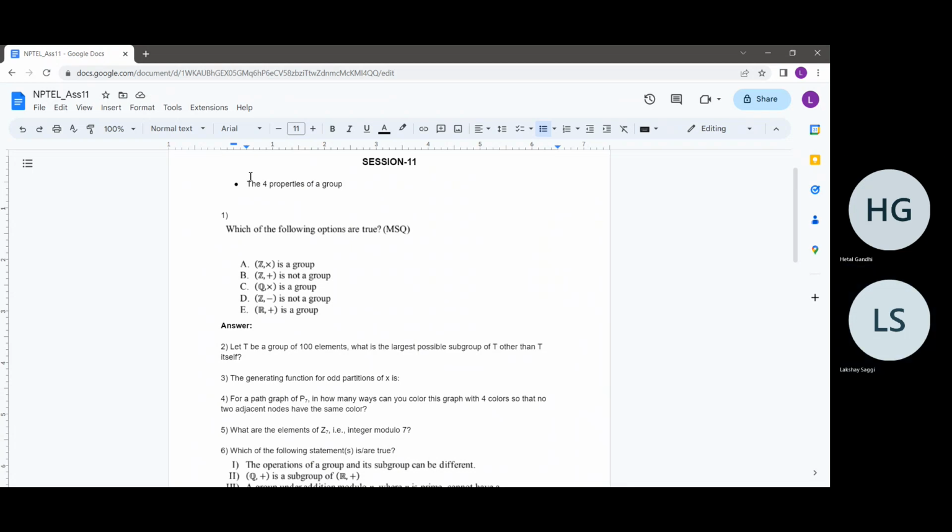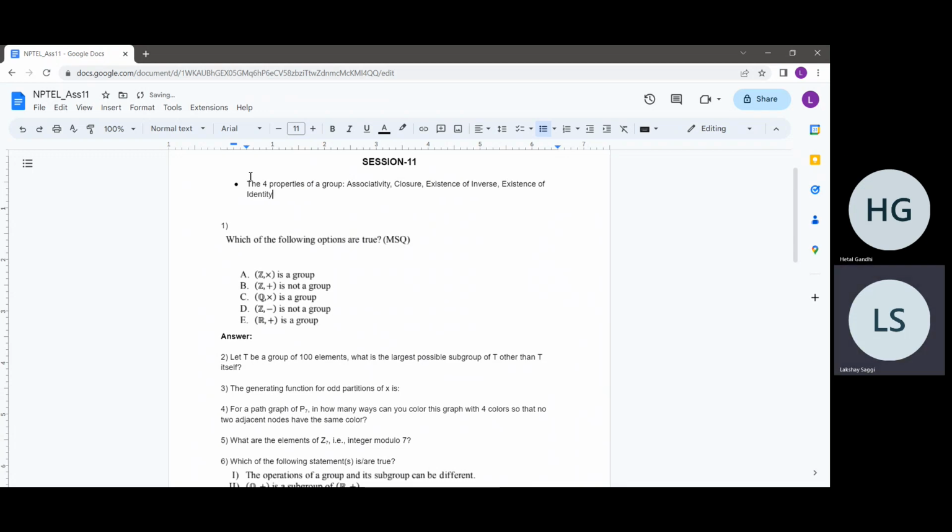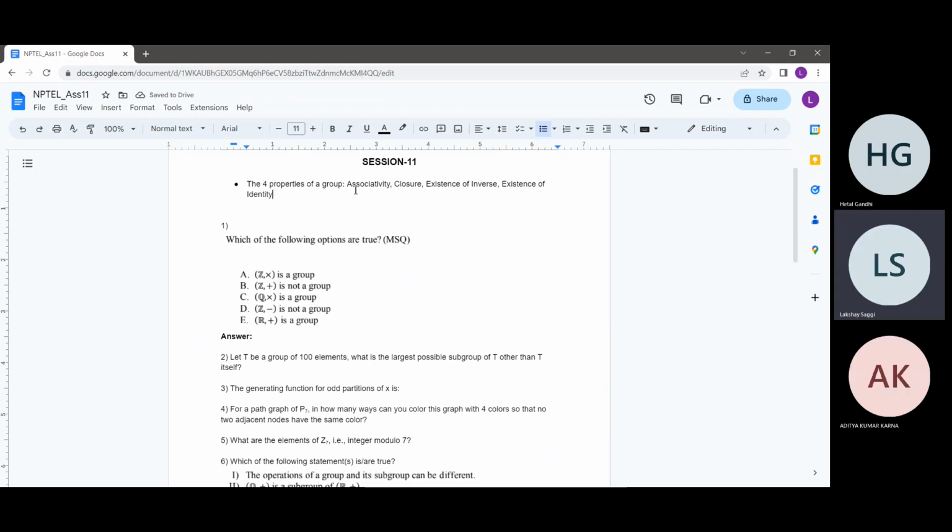So the four properties of a group are associativity, closure, existence of inverse, and existence of identity. These are the four basic properties of a group.